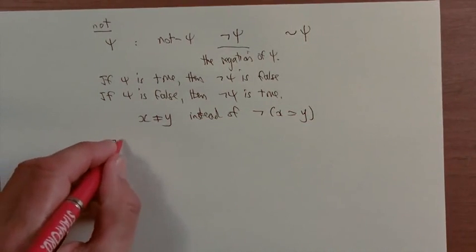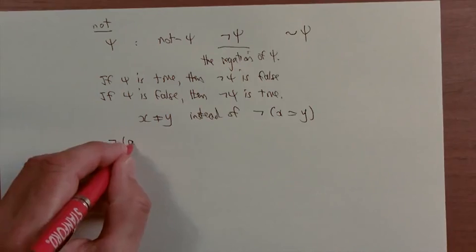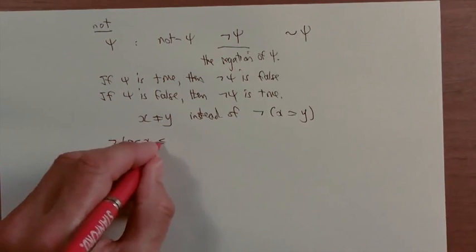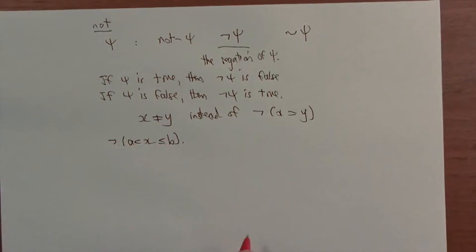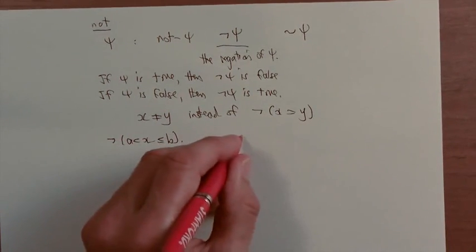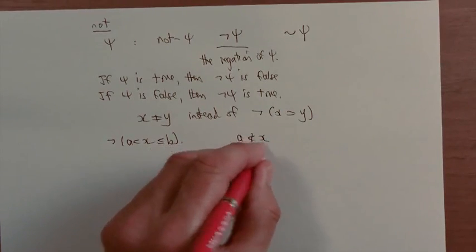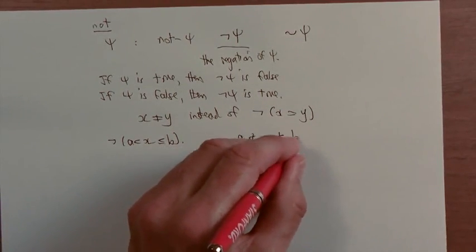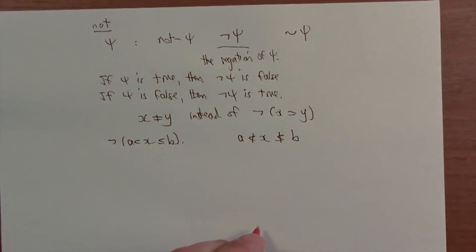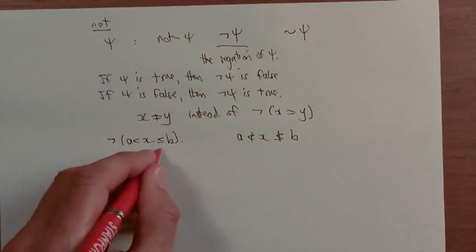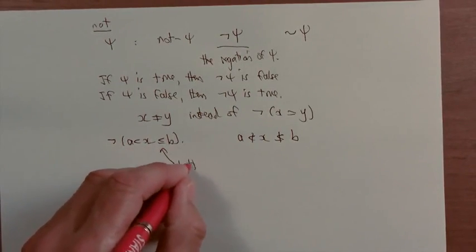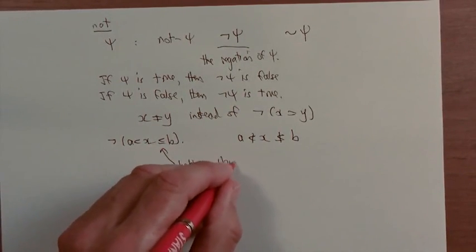For example, I would write not the case A less than X less than or equal to B. You might be tempted to write something like A not less than X not less than or equal to B. I would advise against that. That one is better than this one.